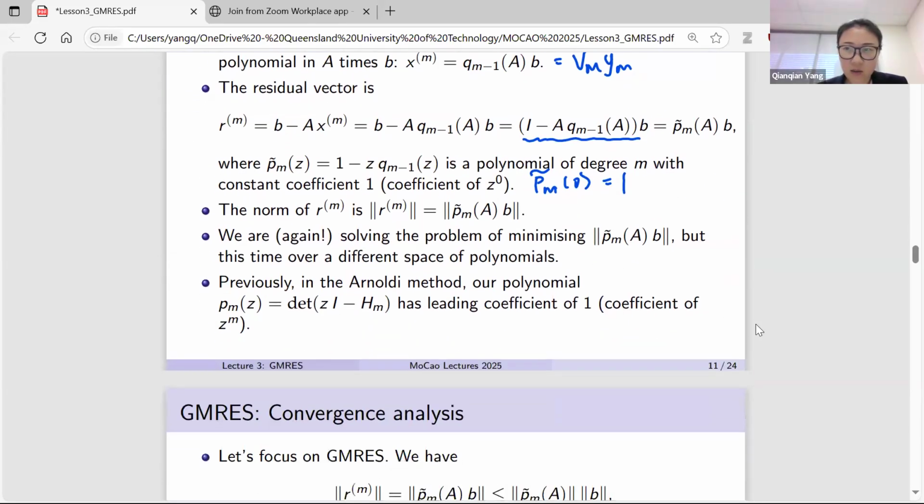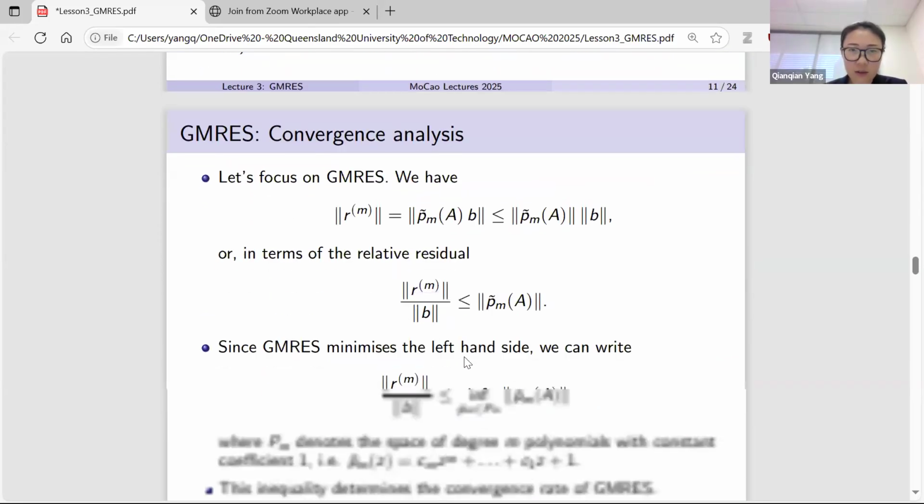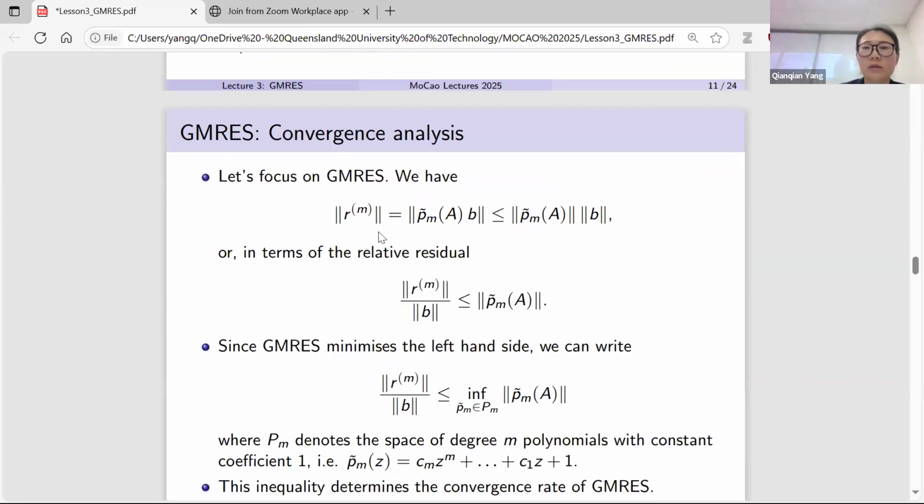Okay, let's see the next part. So this is the norm of our residual. We just copy this line down here. So let's focus on GMRES.